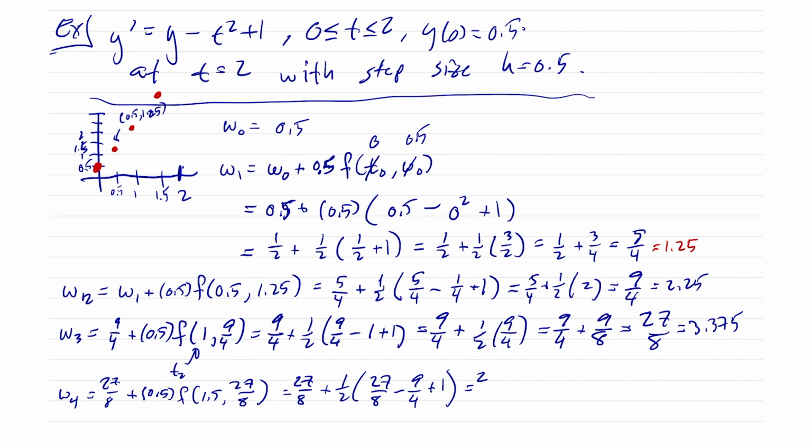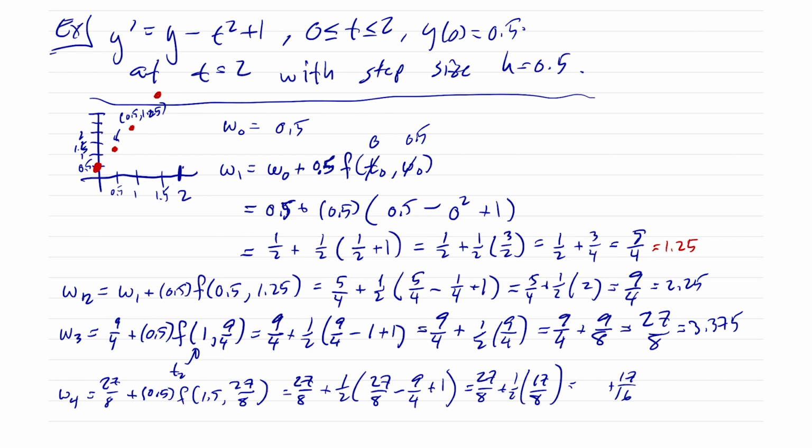So we had 27/8 plus 1/2, and then 27 over 8 minus 9 over 4, that is going to be 18 over 8 from the 9 over 4. So that's going to be 9/8 here. Plus 1 was 9/8 plus 1. That is 17/8. Okay, so that is going to be 27/8 plus 17 over 16.